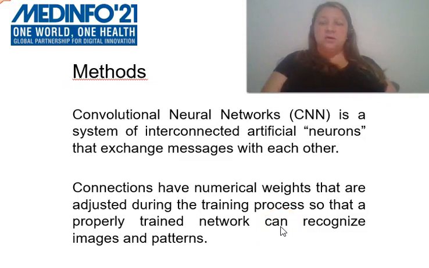Convolutional neural networks, CNN, are systems of interconnected artificial neurons that exchange messages with each other. Connections have numeric weights that are adjusted during the training process so that a properly trained network can recognize images and patterns.